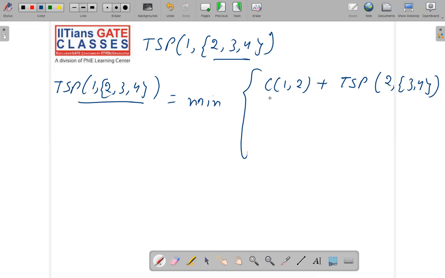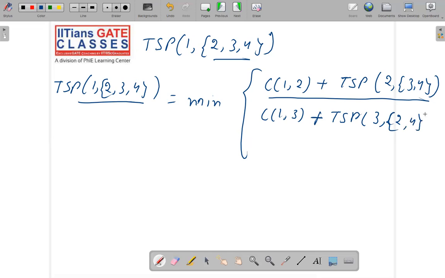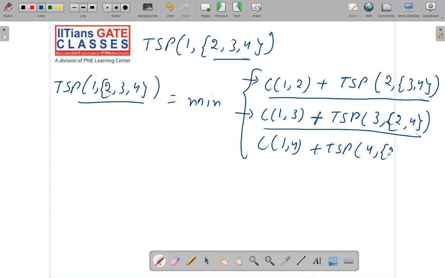Either this, or I go from 1 to 3 and not to 2, and then my remaining nodes are from 3 to {2, 4}. Or this one, I'll go to 4, because it is a complete bidirectional graph. I can go from any node to any node, or any city to any city. So it's TSP 4, {2, 3}.